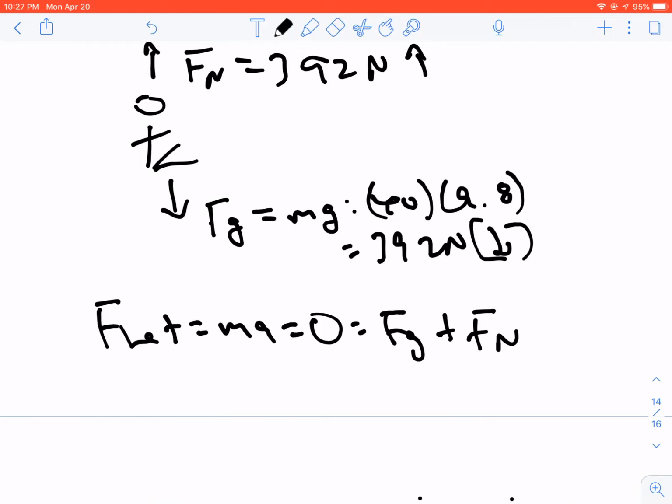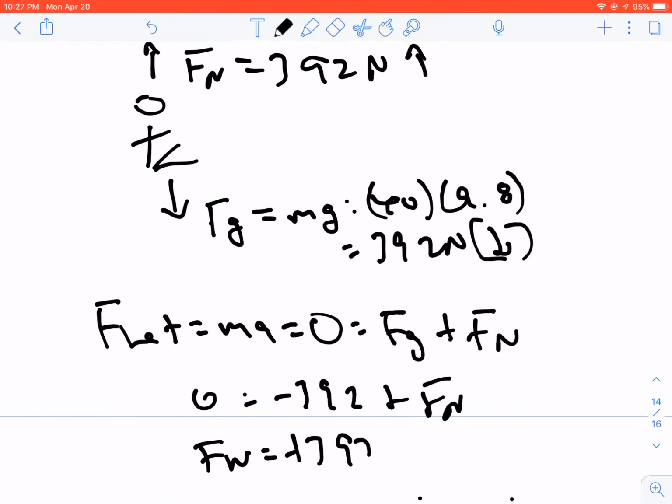And if Fg is negative 392, I know that Fn will be plus 392 newtons, away from the surface. It's a normal force. It's perpendicular to the surface that I'm sitting on, perpendicular to the top of the box.